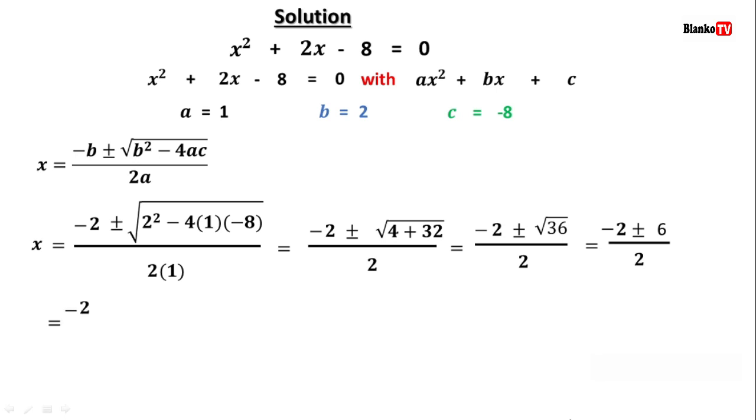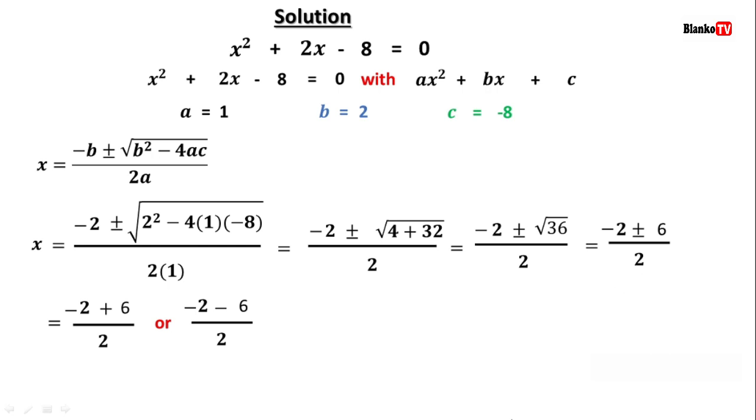So we have negative 2 plus 6 over 2, or negative 2 minus 6 over 2. Because of this plus or minus, it means negative 2 plus 6 over 2 or negative 2 minus 6 over 2. I hope you understand.